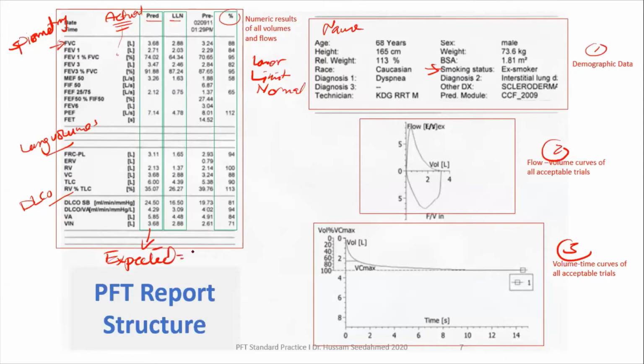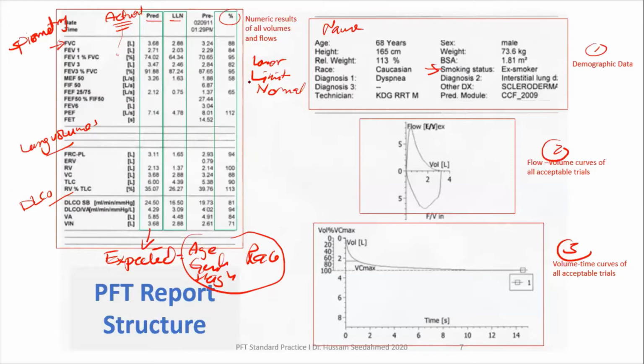That is depending on the age of the patient, the gender of the patient, his height, and his race. These are what we talked about last time, the factors that affect the vital capacity. So the predicted value is the expected according to the patient's age, gender, height, and ethnicity or race. So all that I do is compare the actual, what actually came from the patient, and the predicted according to his age, gender, height, and race.